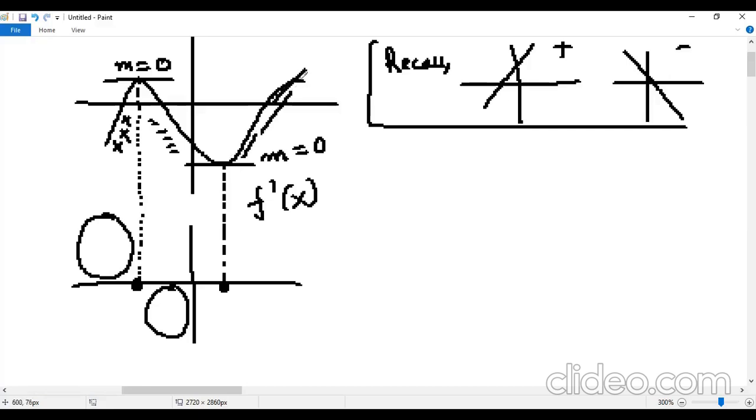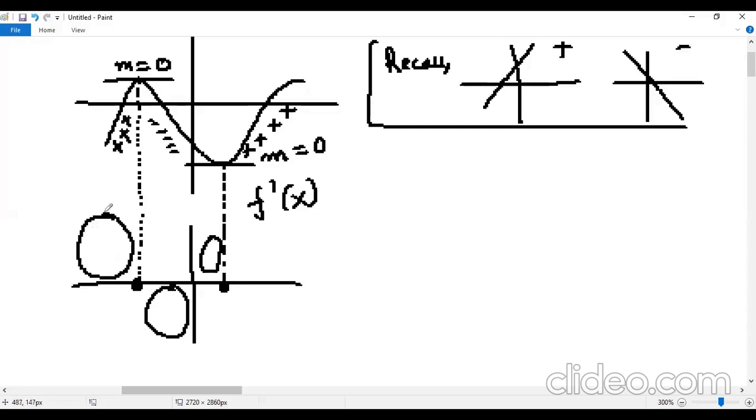Because the tangent lines at this point are all positive. So we'll say that these are all positive, and correspondingly, it should be above the x-axis. And now it's just a matter of drawing lines that pass through these regions, right?